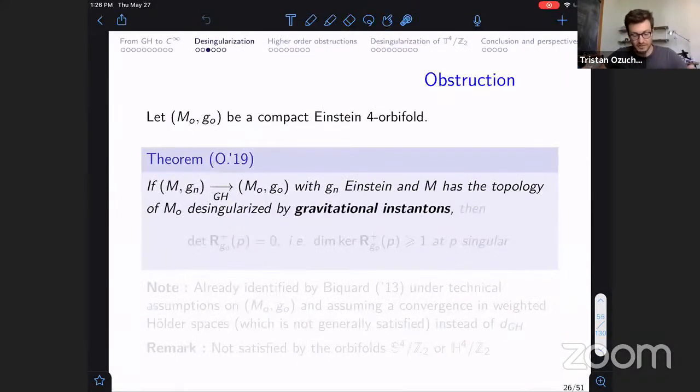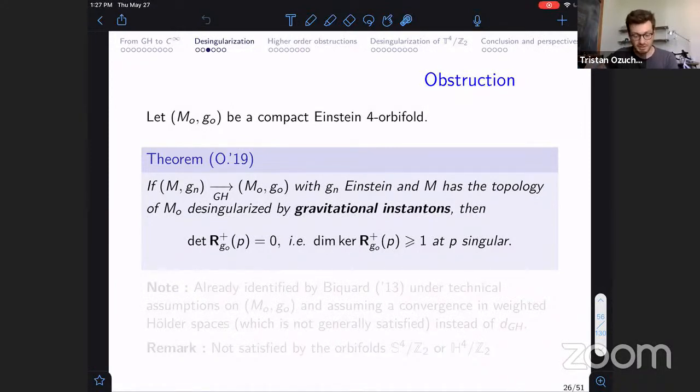So let me mention the first obstruction. Let's take an Einstein orbifold, and let's consider a sequence of Einstein metrics converging to it, and let's assume that the only bubbles are trees of gravitational instantons glued in the same orientation. That's a topological assumption, and in that case, we find an obstruction, which is that the self-dual part of the curvature, seen as an endomorphism of two-forms, has some kernel.